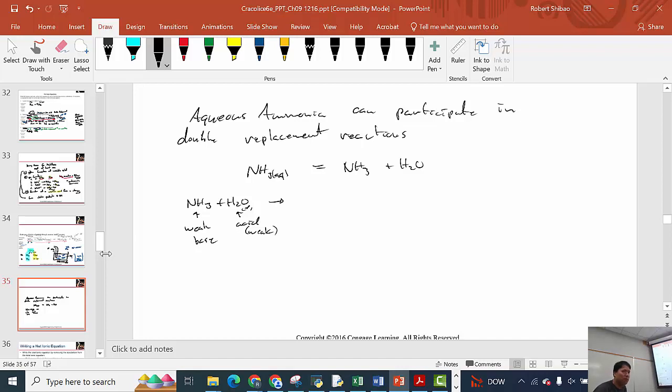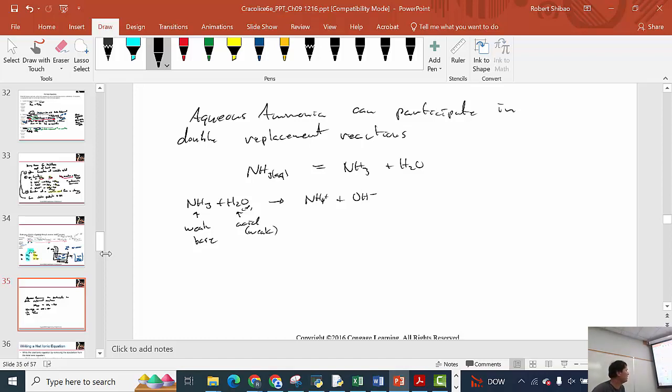If we think acids, are they proton donors or proton acceptors? Acids, donors. And bases are proton acceptors. And so what can happen is we form some ammonium and hydroxide.